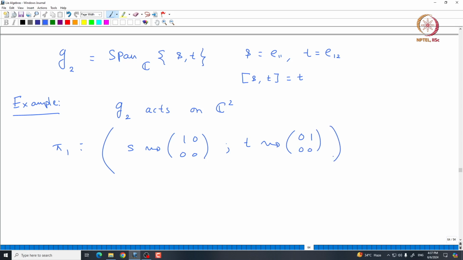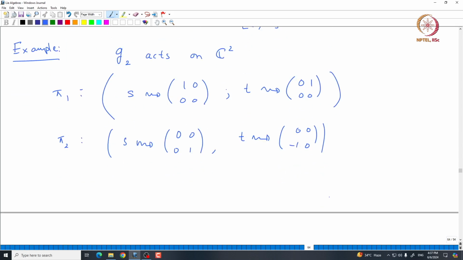So, this is the natural representation of g2 acting on C2. Now, here is another representation which is given as follows. So, we can take the action of S to be just 0 0 0 1 and then the action of T to be 0 0 minus 1 0.